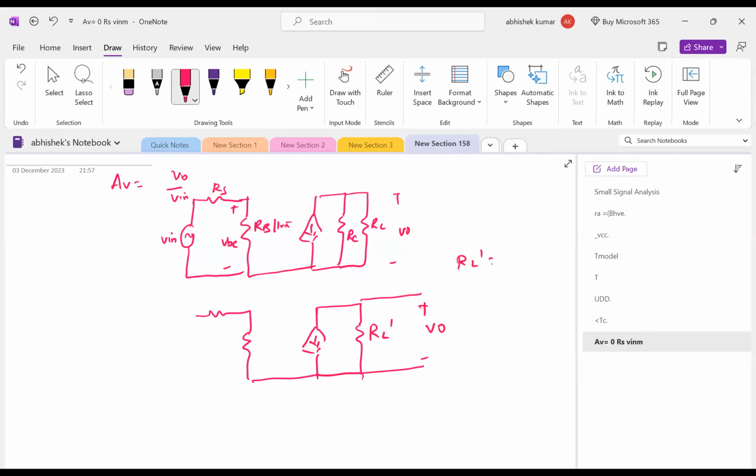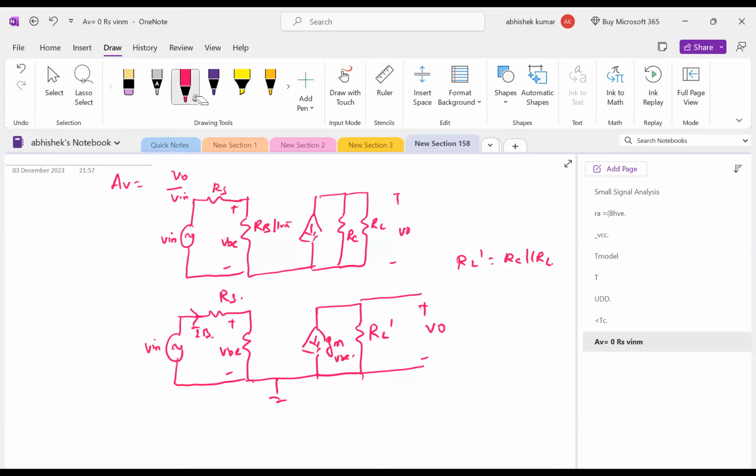Here RL dash is RC parallel RL. This is your RS. This is RB parallel R pi. This is your VBE and this is your V input. This is your IB. This is your ground. This is your gm VBE. You have to find the V output by V input ratio. So what have you written after RB parallel R pi?